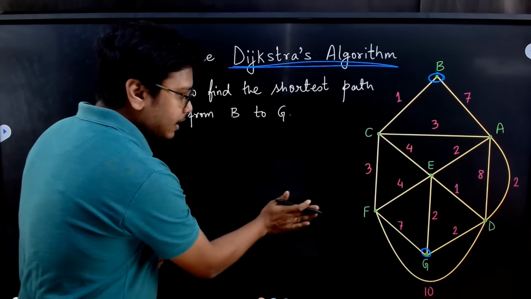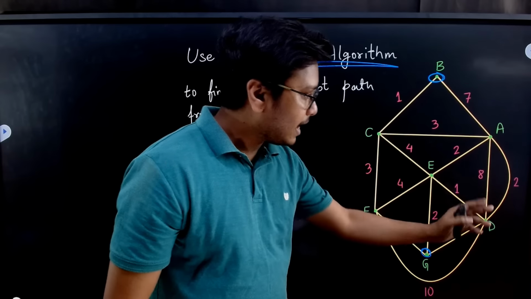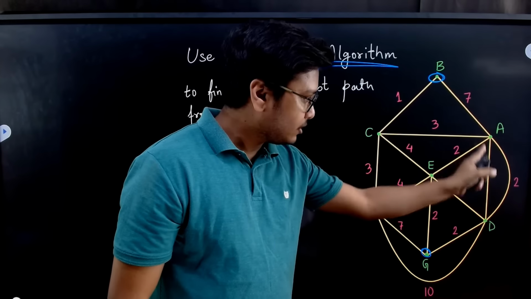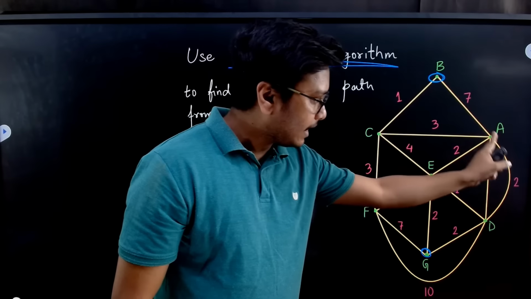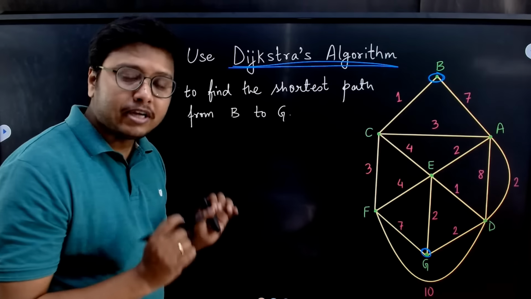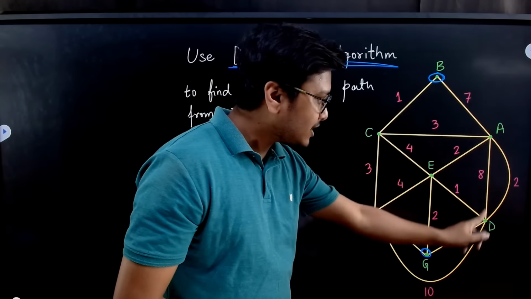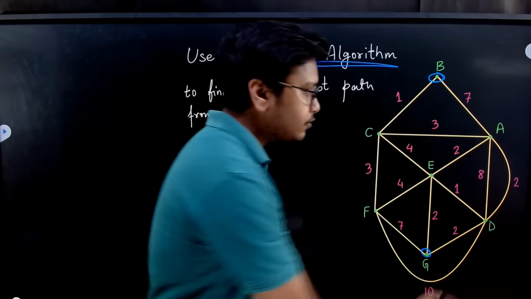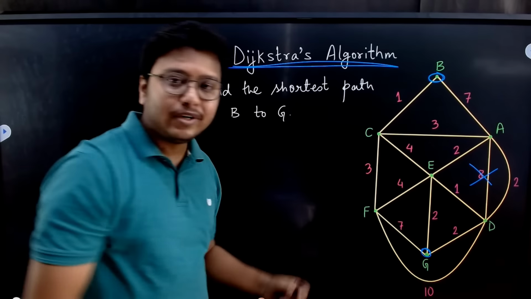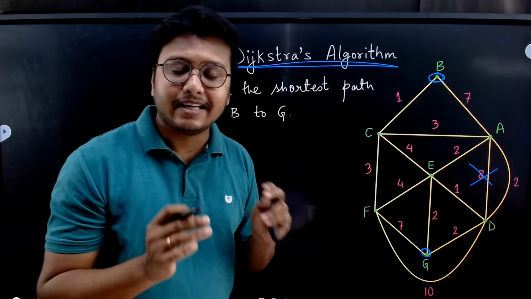For example, in this graph that we can see, the A to D vertex pair has a set of parallels. That means the edge having weight 8 and the edge having weight 2 are parallels in this case. And we are supposed to delete that particular edge which has higher weight. That means we are going to delete this edge which has weight 8 and keep that particular edge which has the least weight.